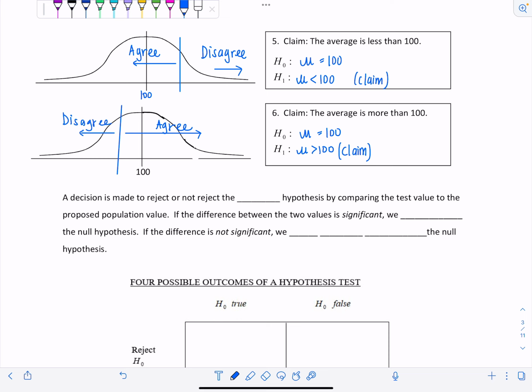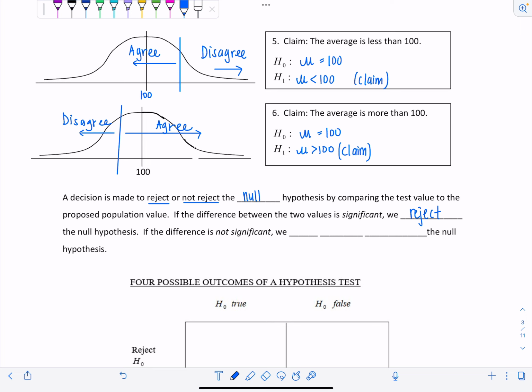Okay. From this point, a decision is made to either reject or not reject the null hypothesis by comparing the test value to the proposed population value. If the difference between the two values is significant, then we reject the null hypothesis.